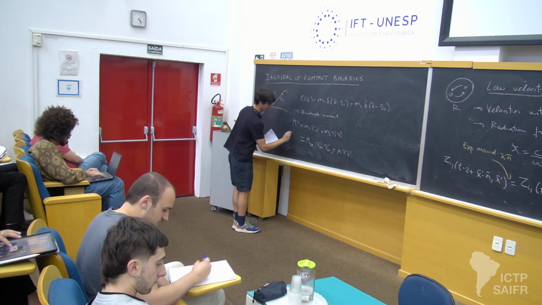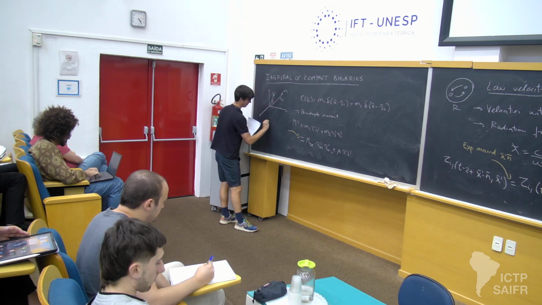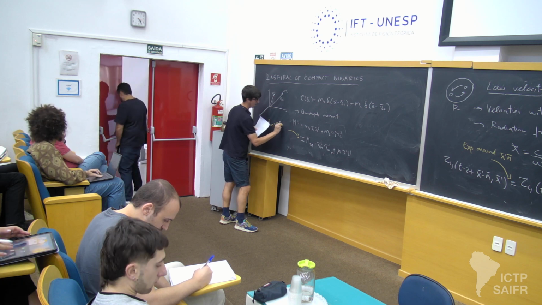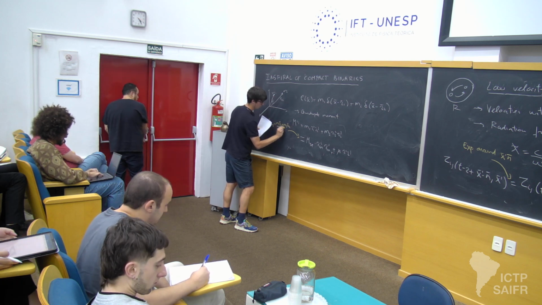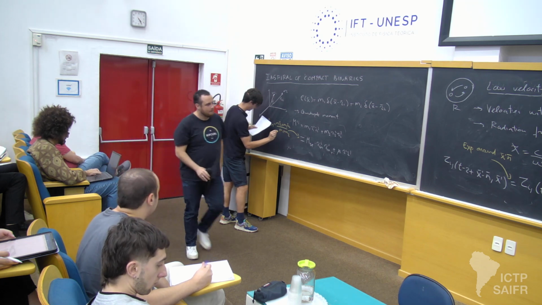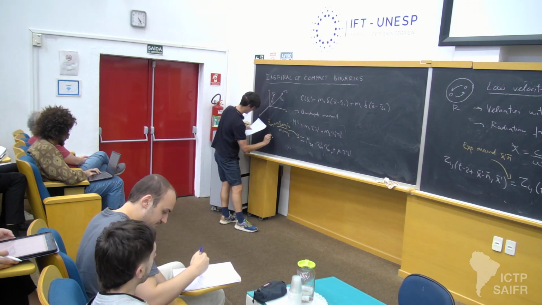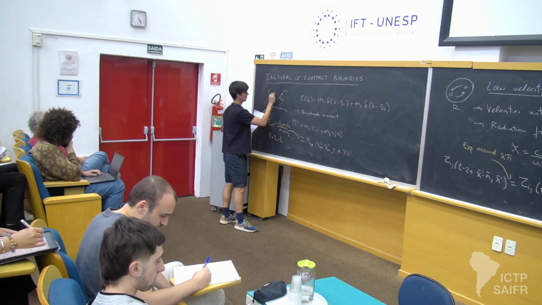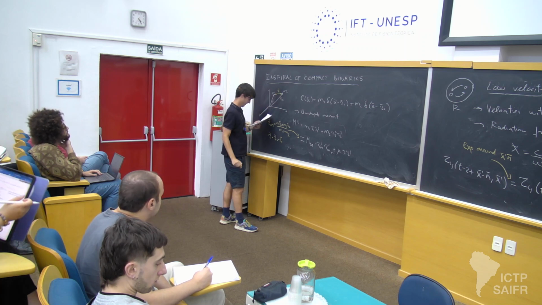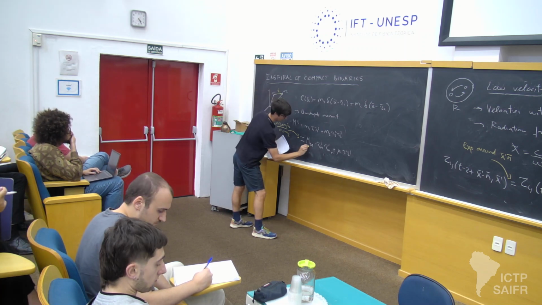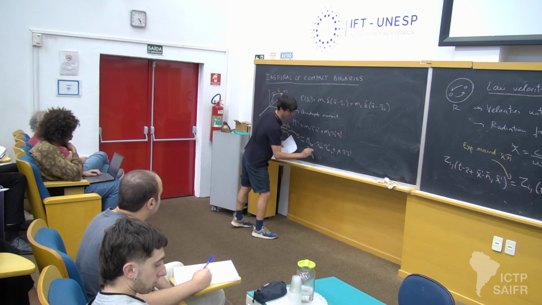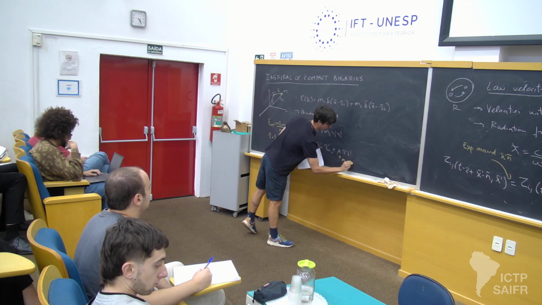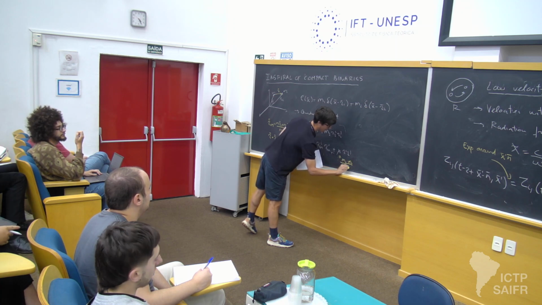Here, the center of mass R is M1 R1 plus M2 R2 divided by M1 plus M2. And then we have R, which is the difference R2 minus R1. So this is R. The total mass is M1 plus M2, and the reduced mass is M1 times M2 divided by M1 plus M2.